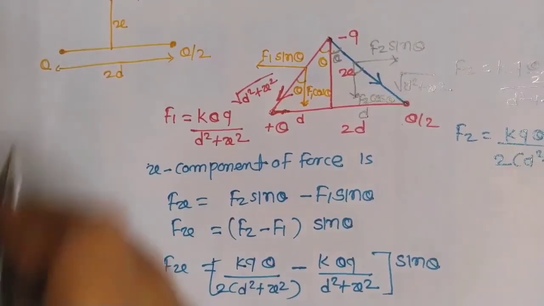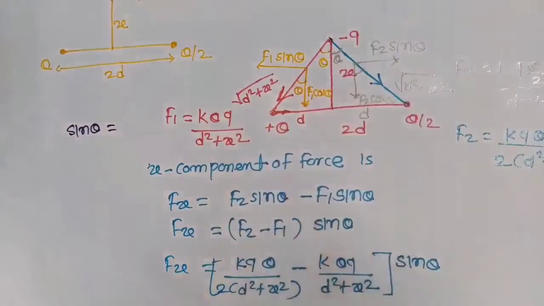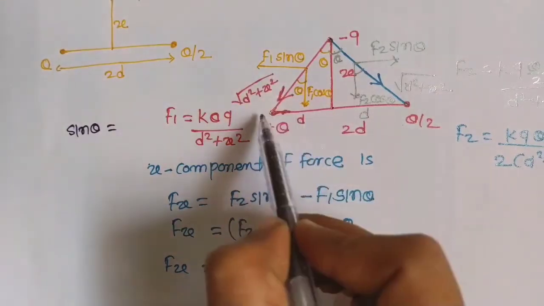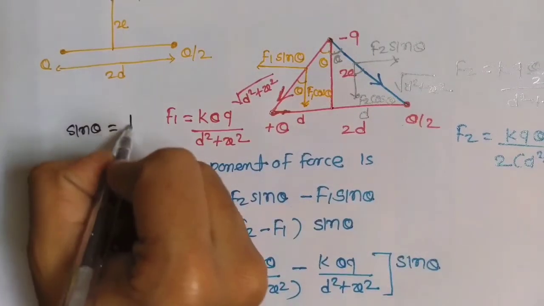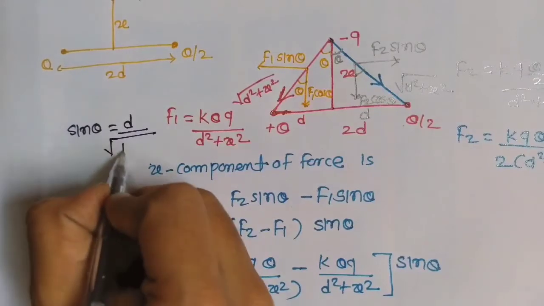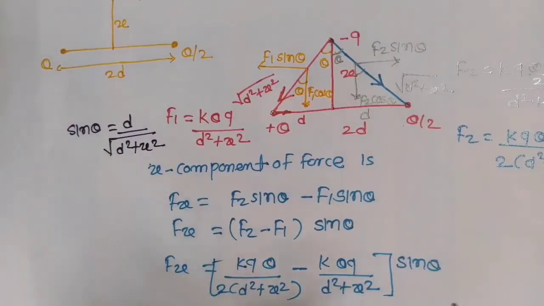And the value of sin theta, OK, this is angle theta and sin theta is equal to opposite side upon hypotenuse. This is the opposite side. The value of this is d. It is d upon hypotenuse, which is under root d square plus x square. So we can put this value here.